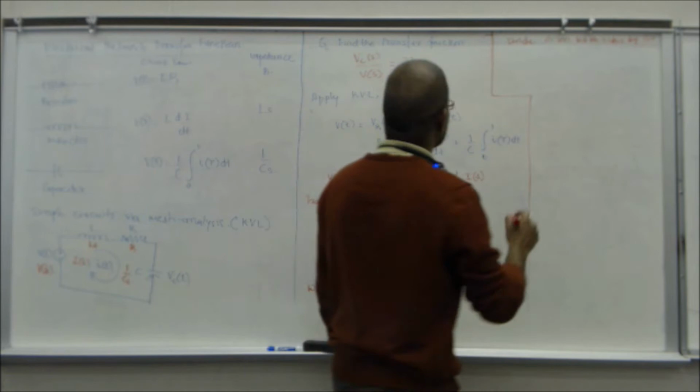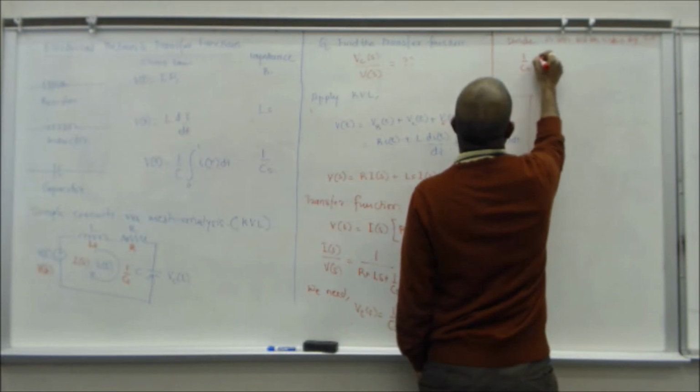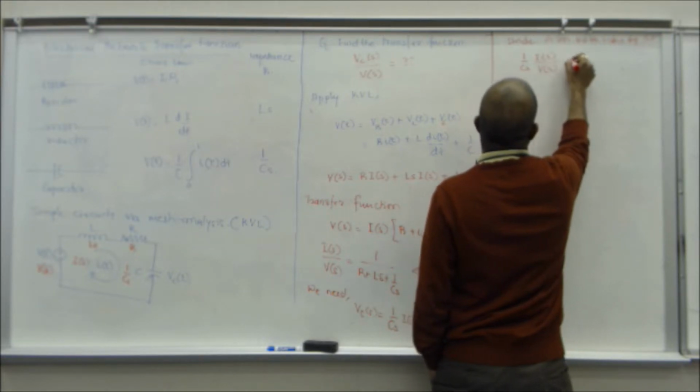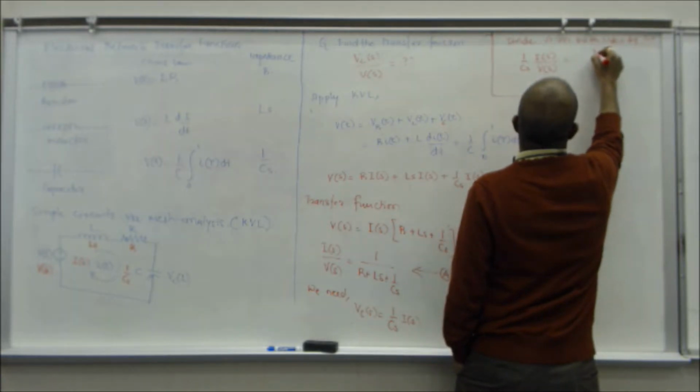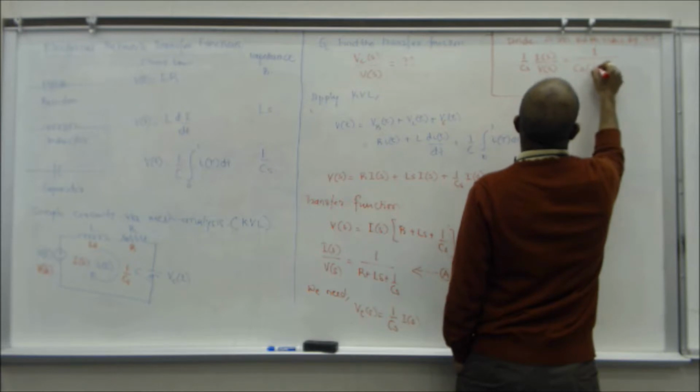So what you're going to get is 1 over CS times I(s) over V(s) is equal to 1 over CS into R plus Ls plus 1 over CS.